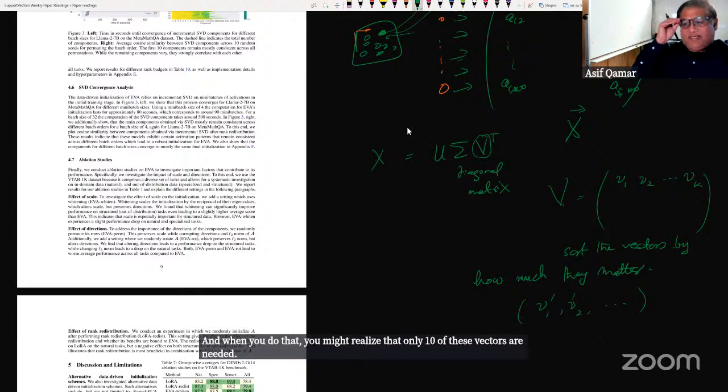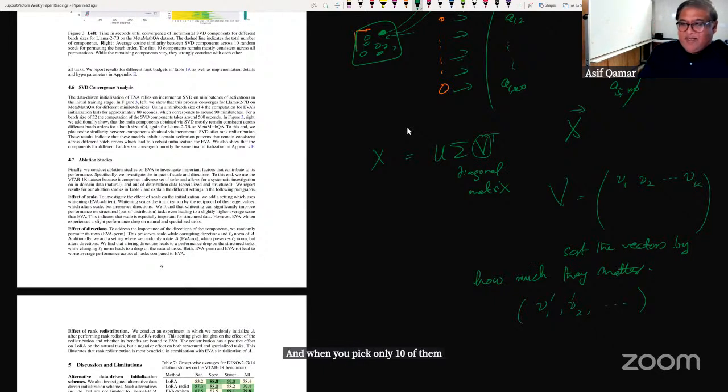And when you pick only 10 of them, what you're basically saying is that I am looking at a space which is only 10 dimensional, because 10 vectors can span a 10-dimensional space. That spanning space is the rank of your AB matrix, essentially. Right? It is explicitly the rank.